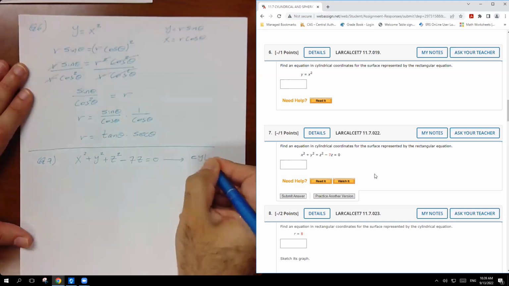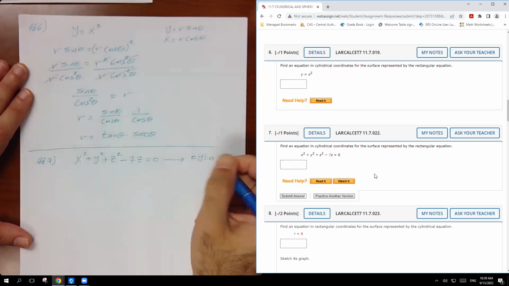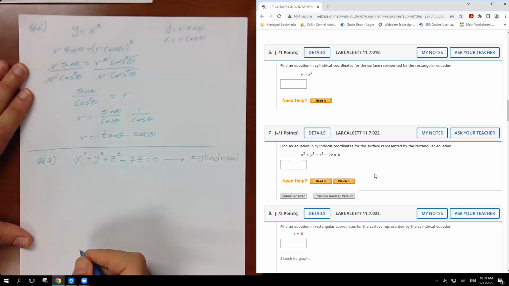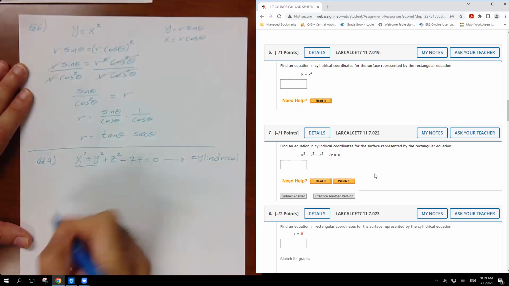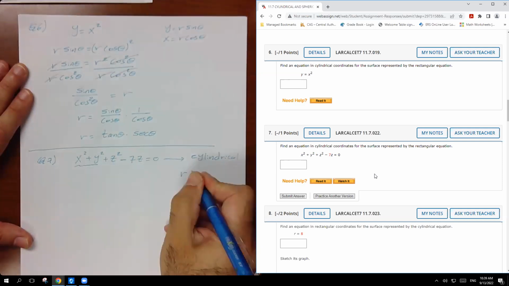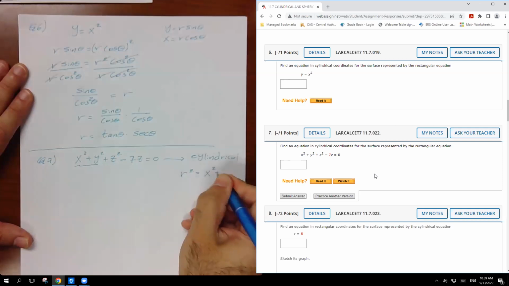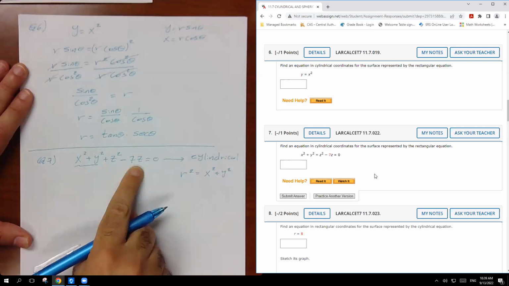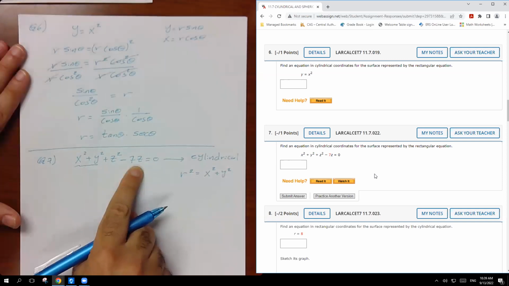So what I'm going to do, I need to find the right formula to convert everything to cylindrical coordinates. Now, if you look, we have r squared equals x squared plus y squared. That means this is r squared. And z is the same thing in cylindrical coordinates.